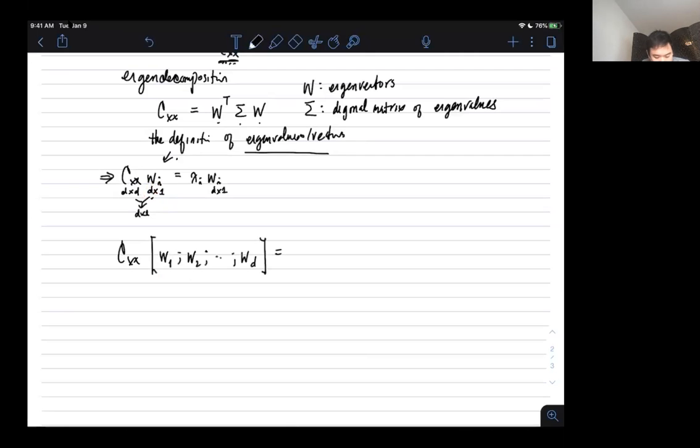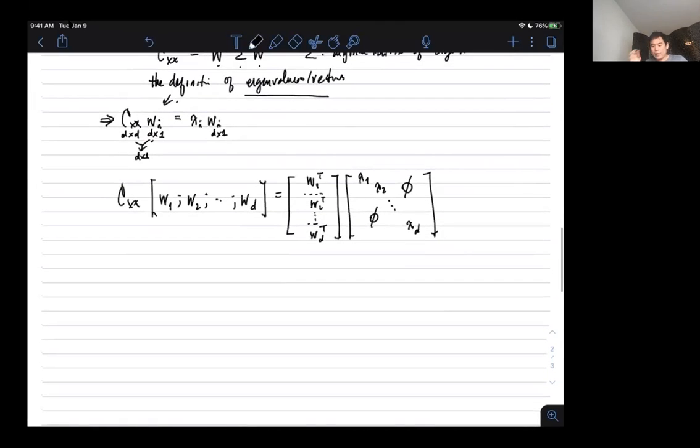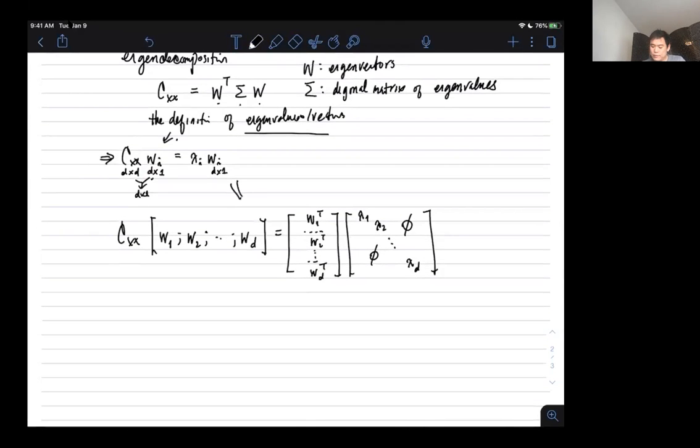And then what I end up with is lambda 1, lambda 2, all the way to lambda d, and all the off-diagonal entries are going to be all zeros. I need to actually move this around a bit. And then I'm going to put here W1 transpose, W2 transpose, all the way to WD transpose. So this is just trying to stack them, right?